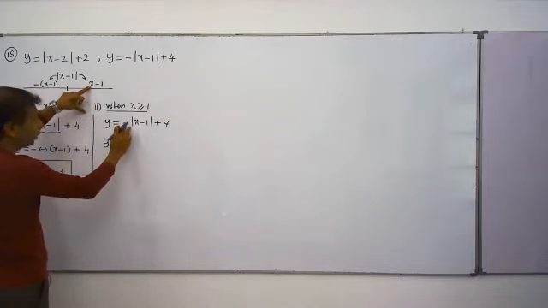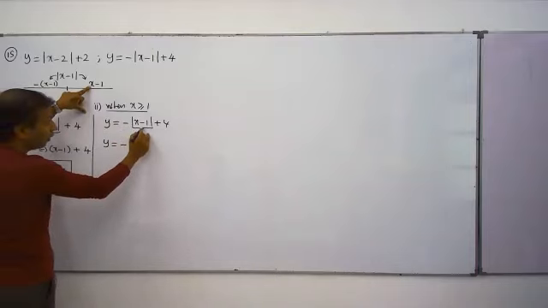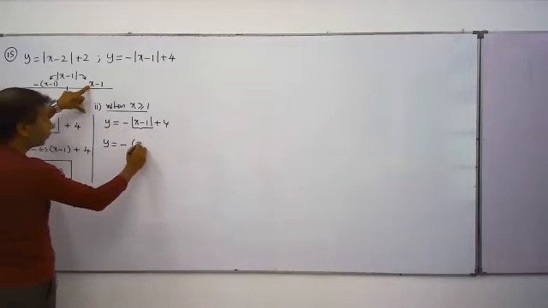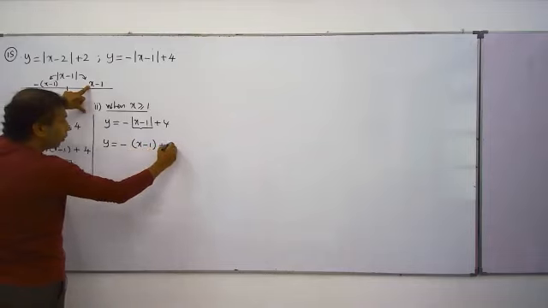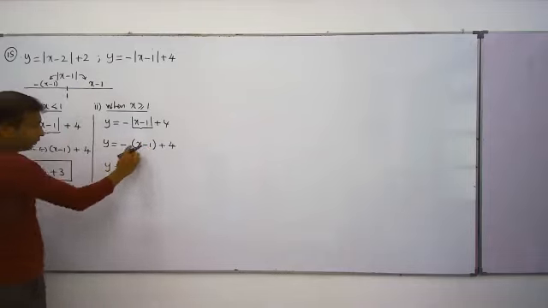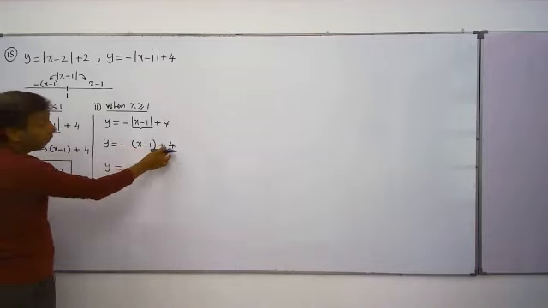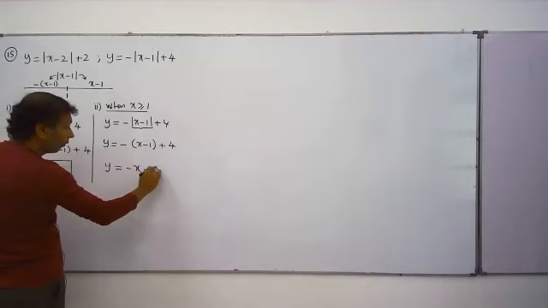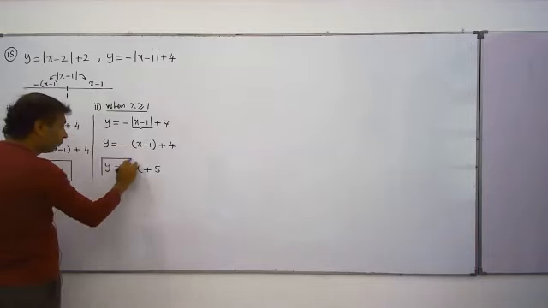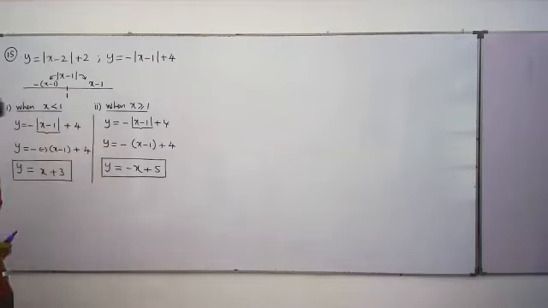This minus sign I only put here, and for the modulus I put x minus 1 plus 4. Then we get y equals minus x, minus minus plus 1, and then 4, which is 5: y equals minus x plus 5. These are the two equations of the graph to be drawn.